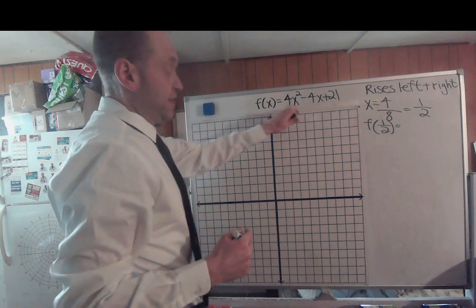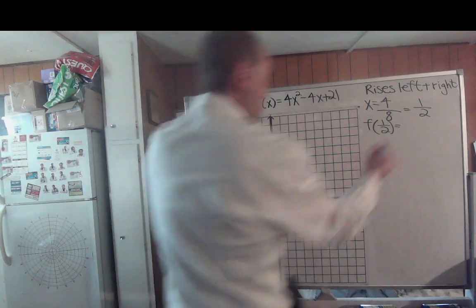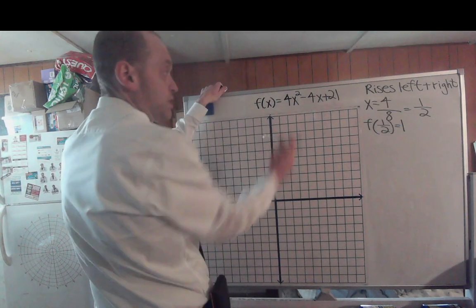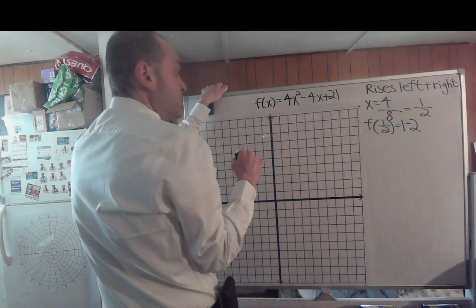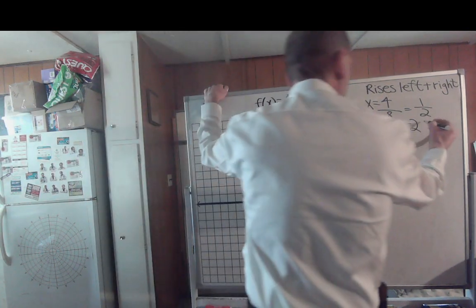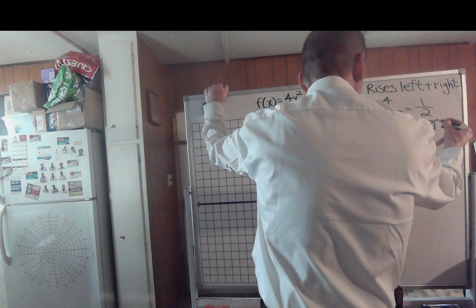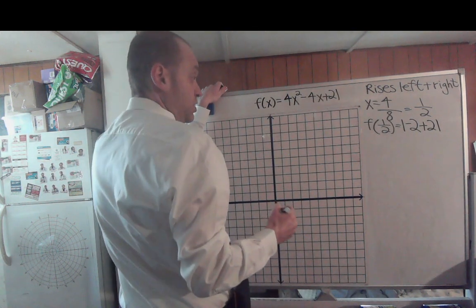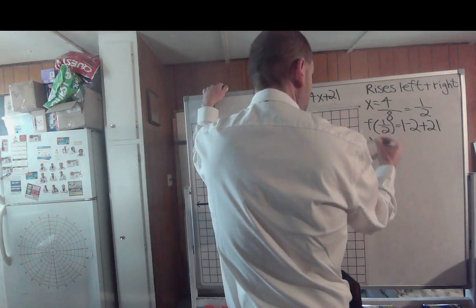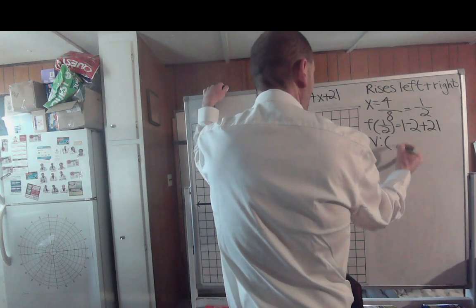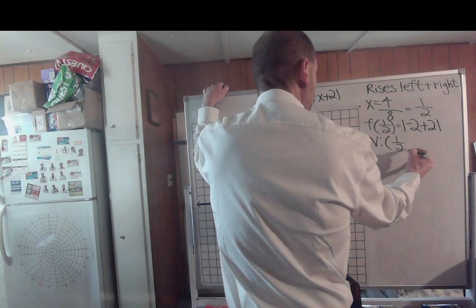Well, 1/2 squared is 1/4 times 4 is 1, minus 4 times 1/2, well that'd be minus 2. And then you'll have that plus 21. So you'll end up having your vertex located at the point 1/2, 20.